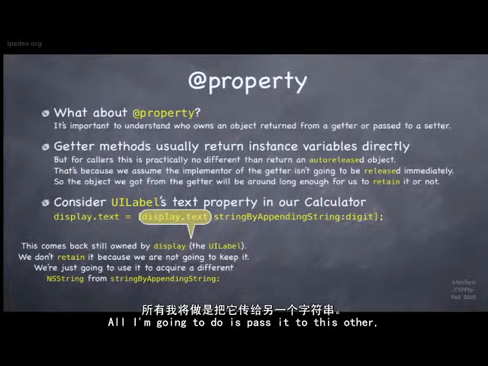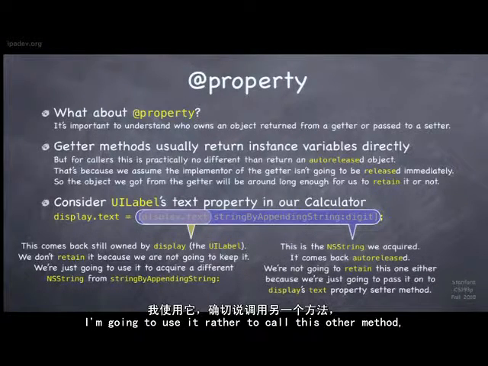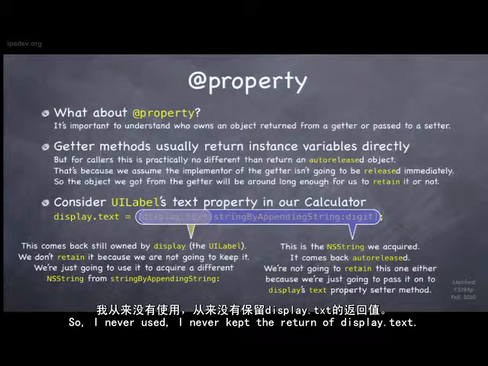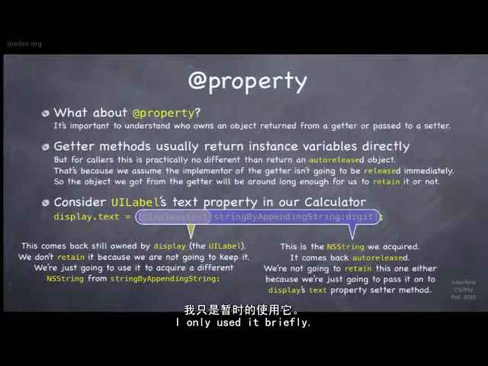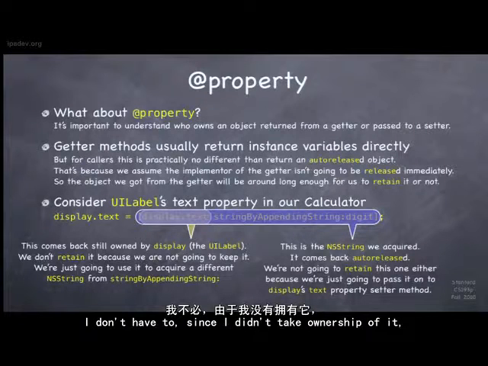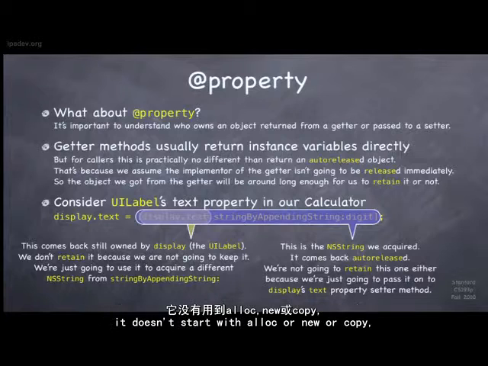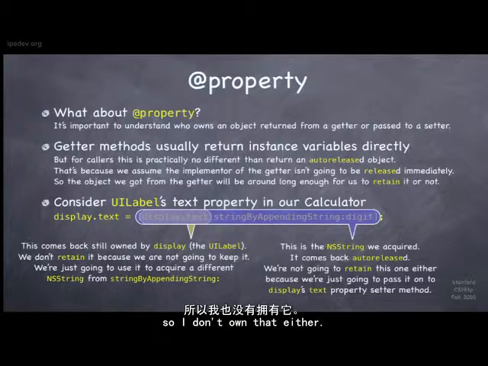All I'm going to do is use it to call this other method, stringByAppendingString, and get myself a new string back. So I never kept the return of display.text. I only used it briefly. Since I didn't take ownership of it, I don't have to release it. Same thing here. This stringByAppendingString doesn't start with alloc or new or copy, so I don't own that either.